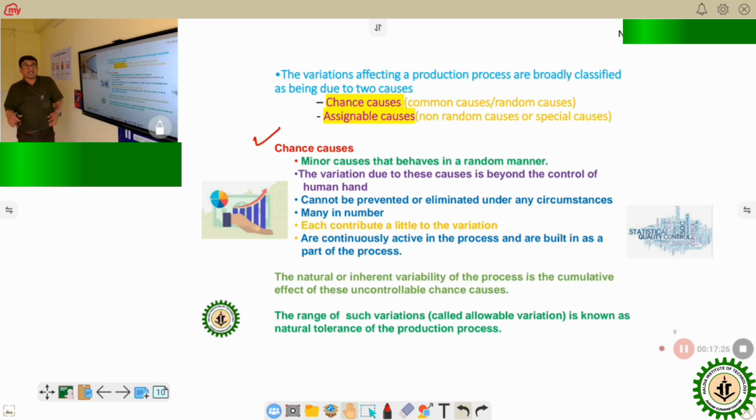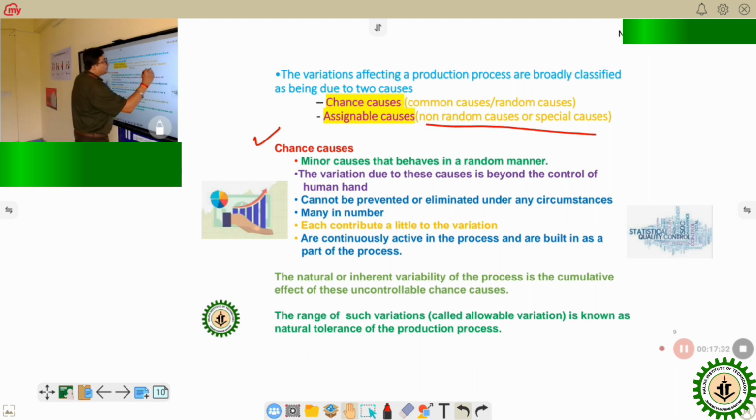The next one is the assignable causes. So what are assignable causes? They are defined largely as the non-random causes or special causes. Like suppose when the temperature rose up to say 42 degrees, the reactor started behaving unequally, or the properties of the product formation were not the same.